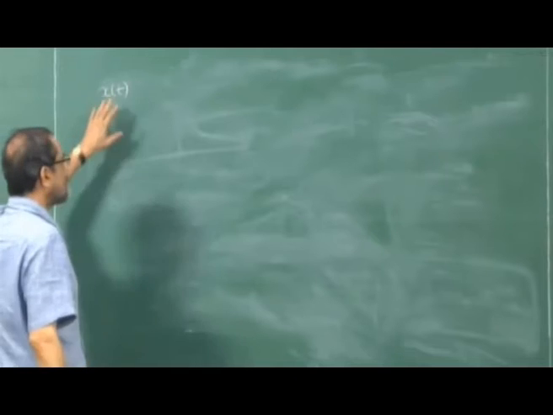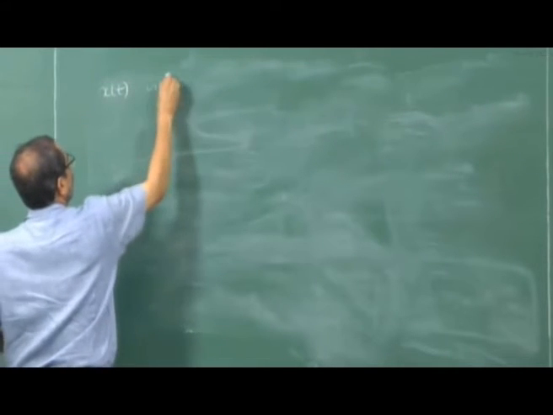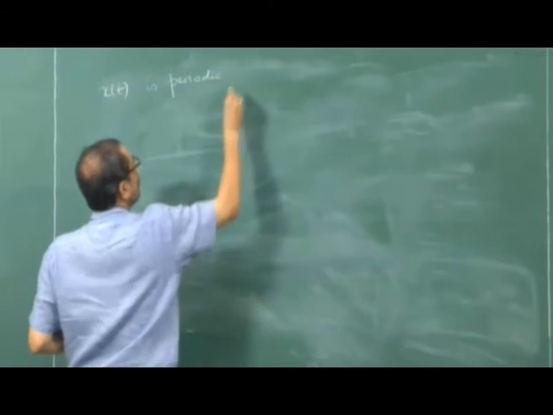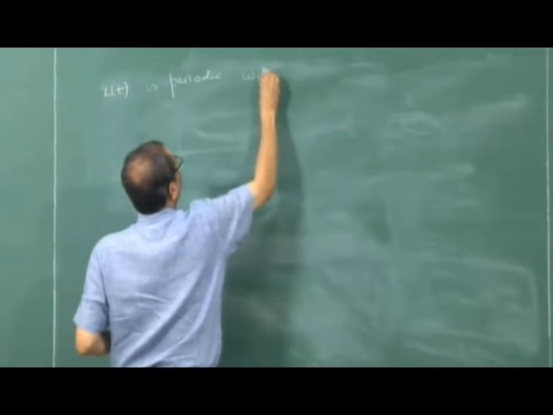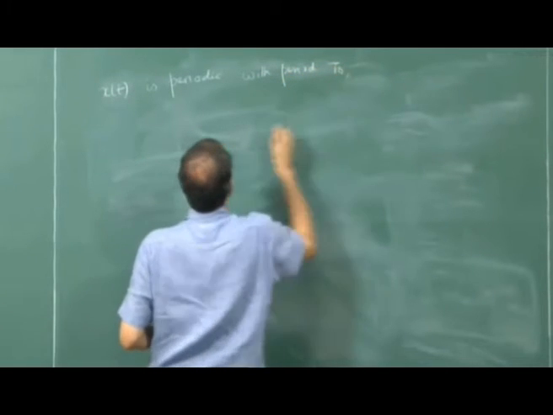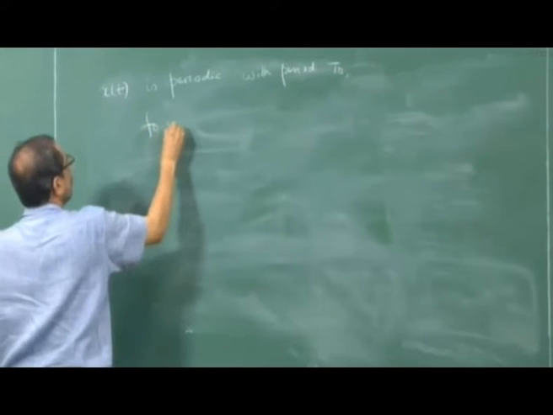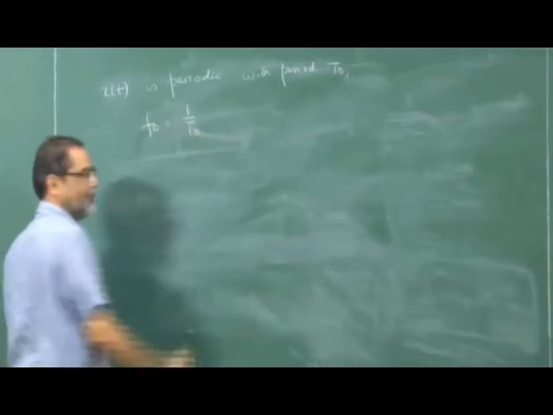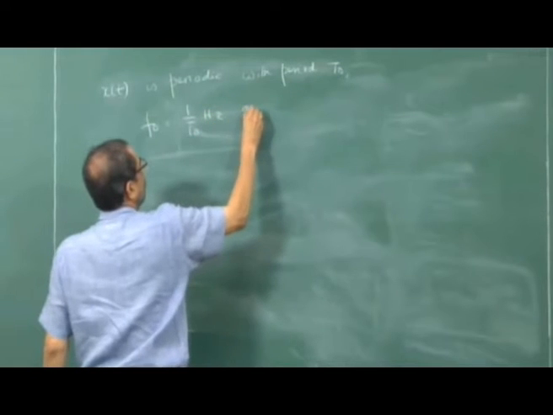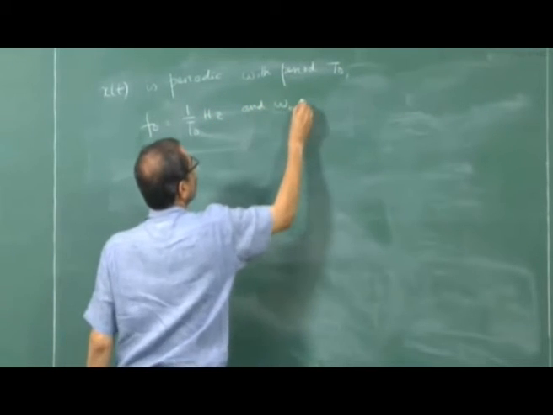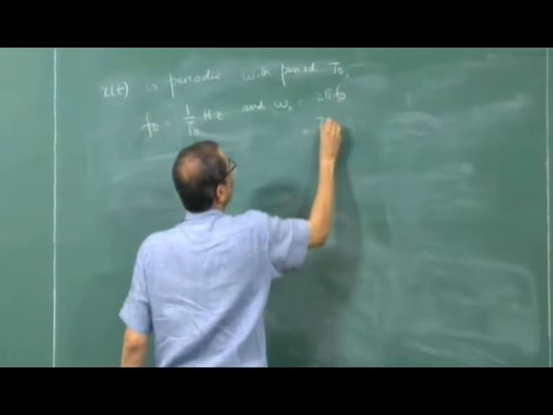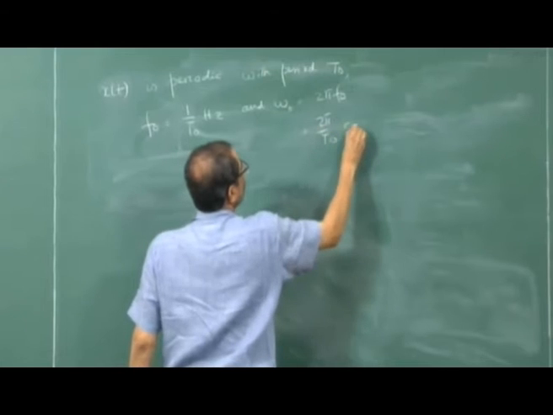I said if x of t is periodic with period t naught, then its frequency is 1 by t naught hertz, and its radian frequency is omega naught equals 2 pi f naught, or 2 pi by t naught radians per second.